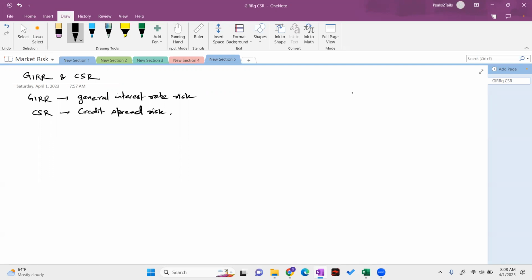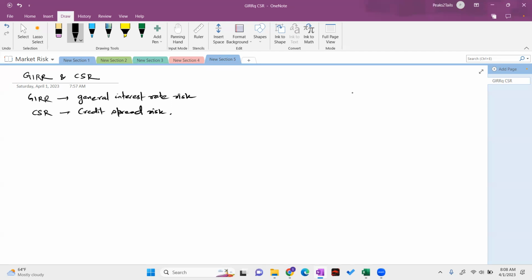So pretty much practically in all instruments, you will find the interest rate. If there are cash flows promised in future, you have to discount them. For discounting, you need to use interest rate. If the interest rate changes, your PV changes, hence the price changes. So that's how interest rate risk drives the changes in the prices of the instruments and hence the value of your portfolio.